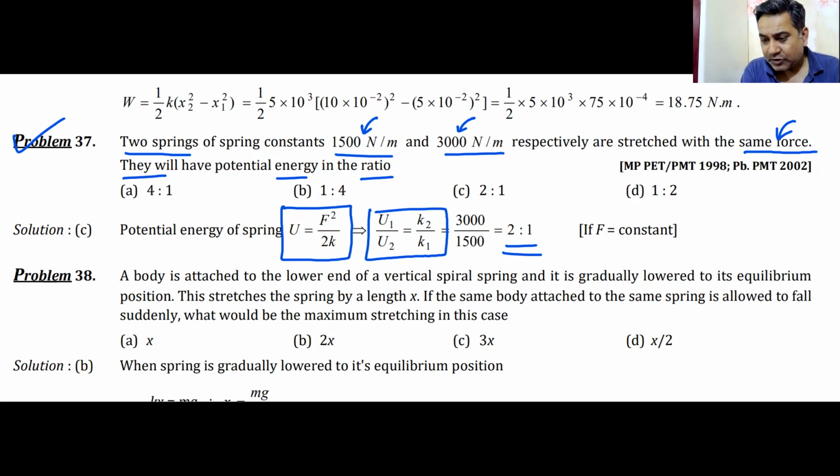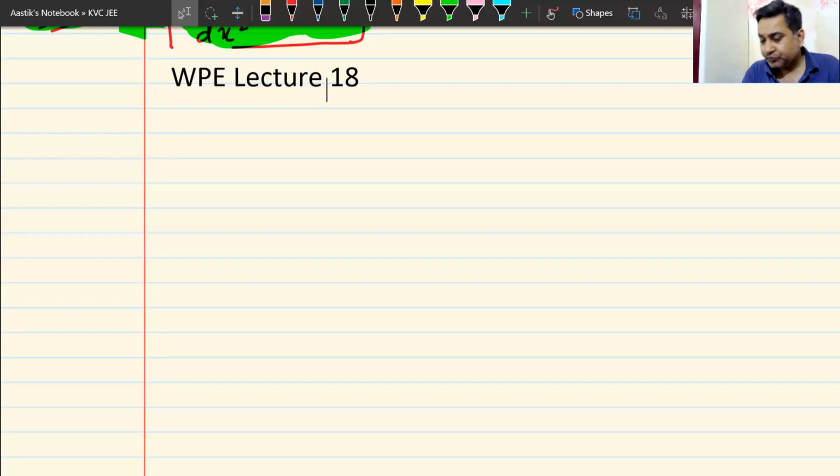Whatever we are going to do may not be useful for this chapter, but definitely when you get into the chapter of SHM, you will be requiring this. Since we are doing springs, it is better if I tell you this concept as well.